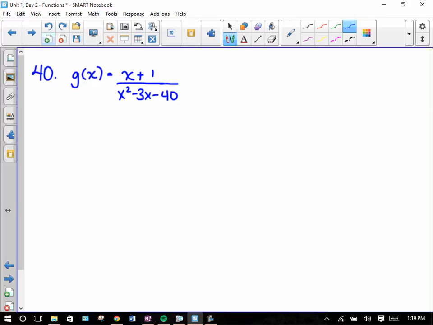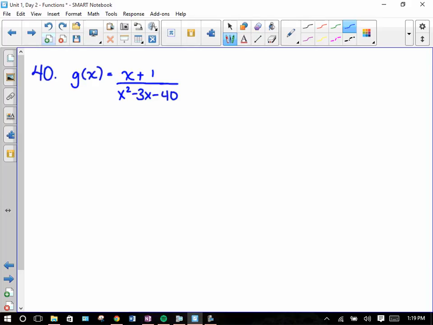Okay? Now, here, we have to remember, going back to Friday, our domain is the values for x that we can plug into this function. So what we want to do is figure out what values x cannot be.